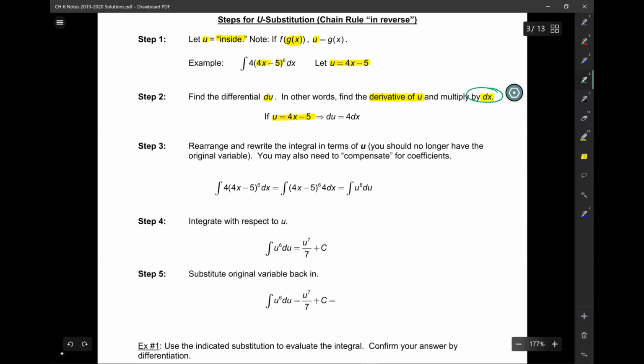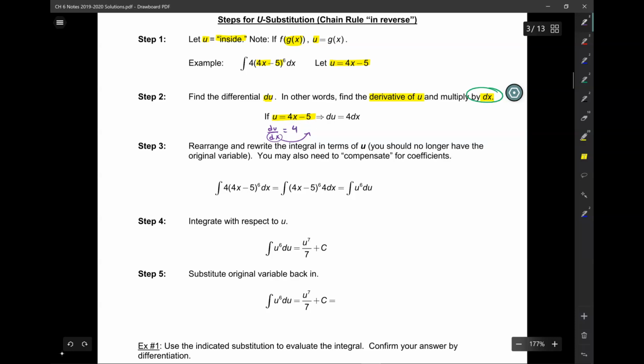So if u is 4x minus 5, du is the derivative of this, which is 4 times dx. If it starts with du, it must end with dx. Why is it that way? Because how do I take a derivative of u? It's du/dx. And du/dx is the derivative of 4x minus 5, which is just 4.